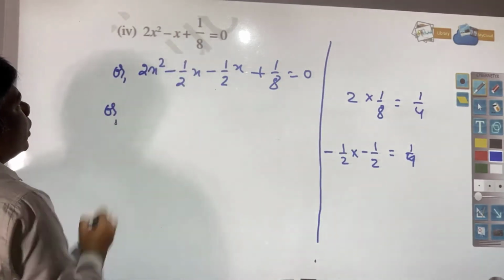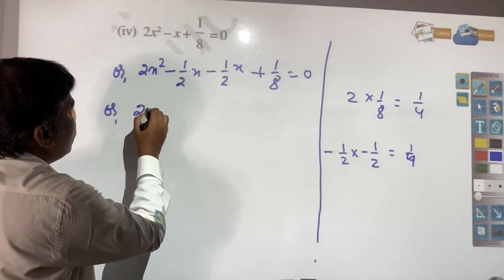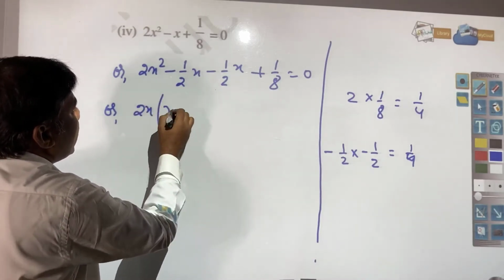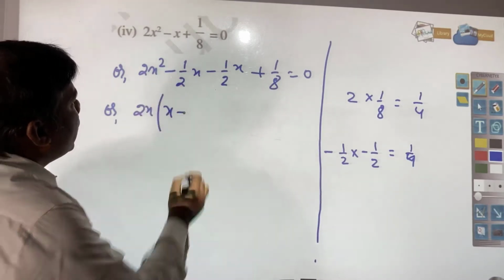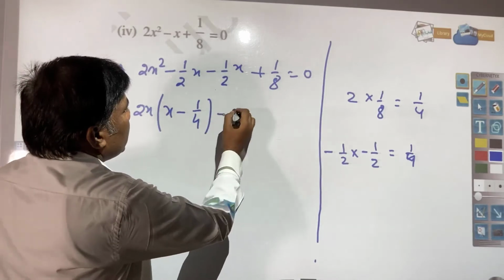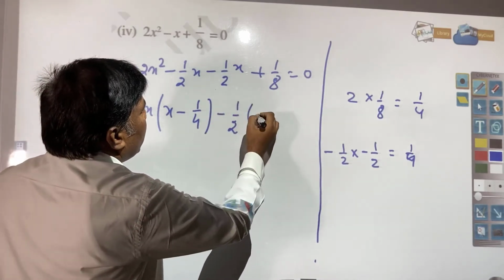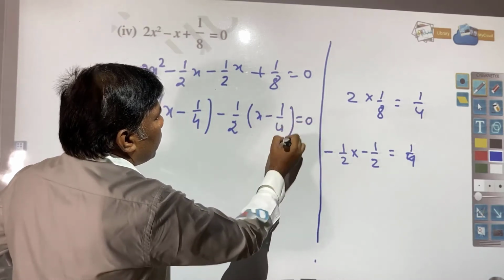Now here what common can be taken? If you are taking 2x common, here you will be having x. And here, taking 2 common, you will be left with 1 by 4 minus 1 by 2, and here you will be having x minus 1 by 4, and that is equal to 0.